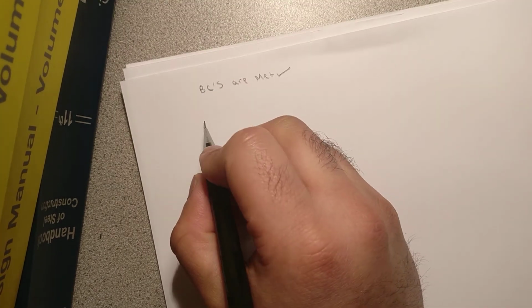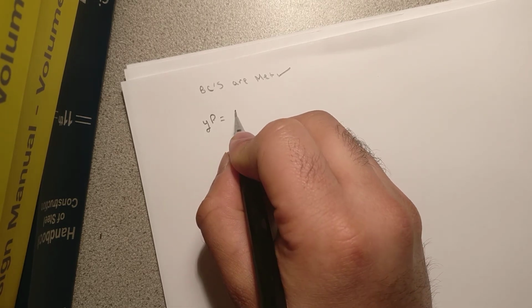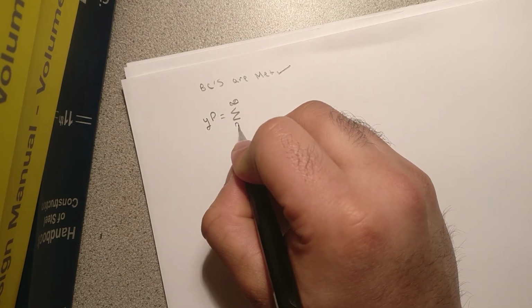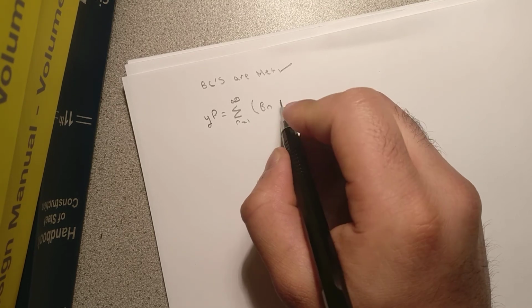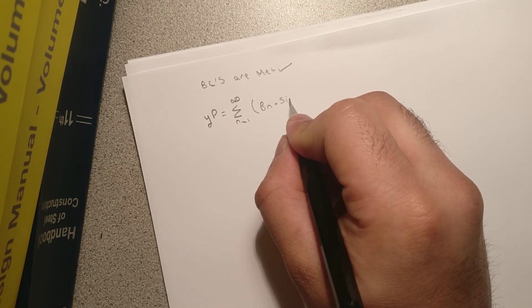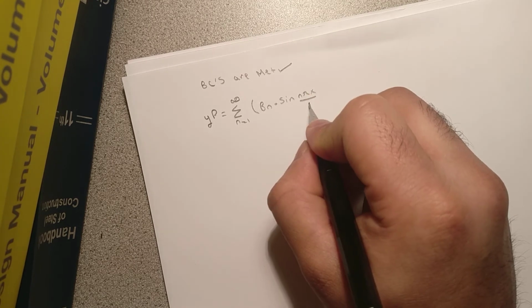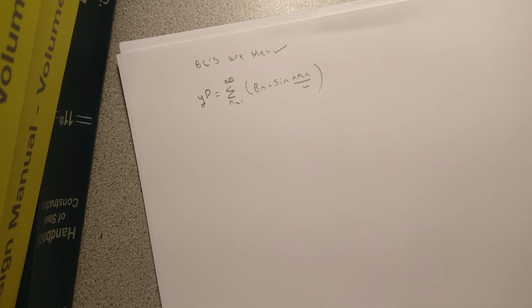So in this case, I'm going to assume a particular solution of yp equals the summation of infinity n equals 1 bn times sine n pi x over L. So this is a particular solution we can assume.